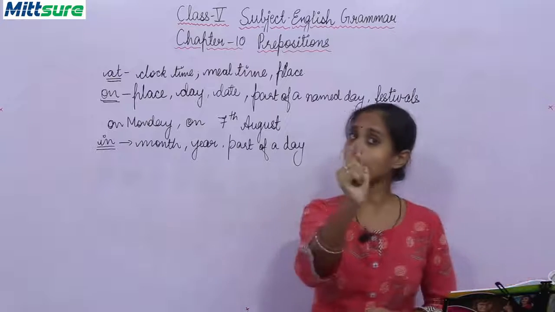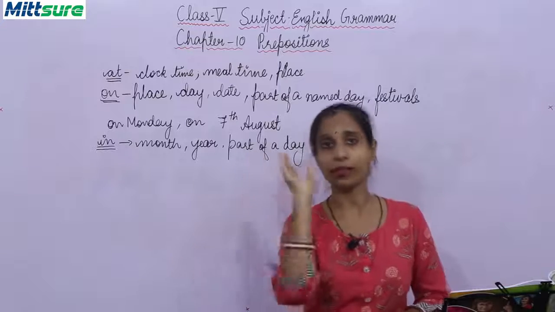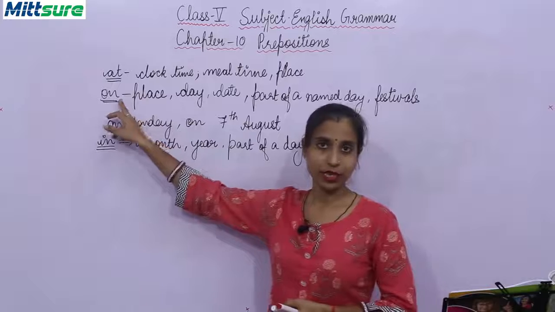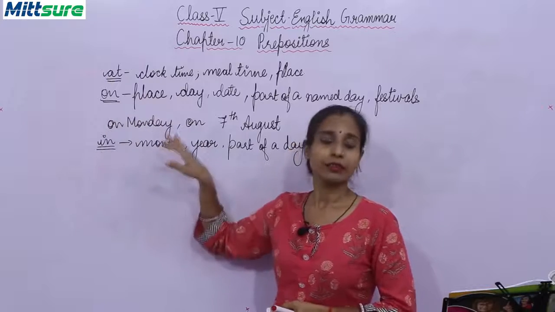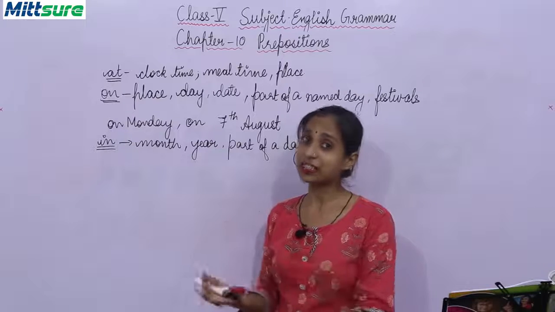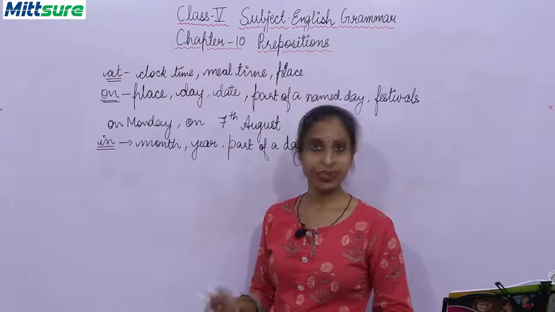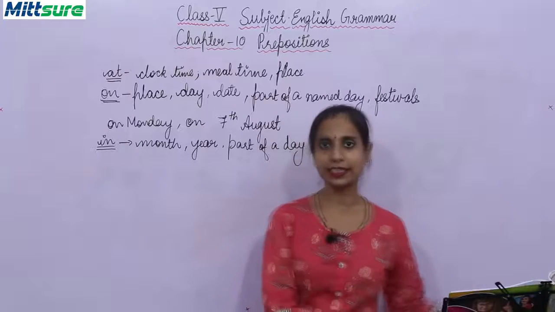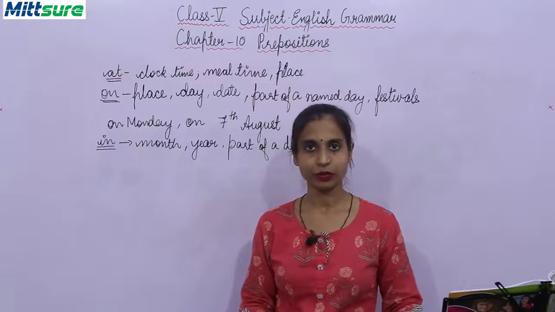That means we are talking about a particular day and a particular part of the day. So, we were using "on". Now, "in" we use when we are talking about any part of the day, but which day we don't know. In the morning. Now, which morning? Today's morning, yesterday's morning, that we don't know.